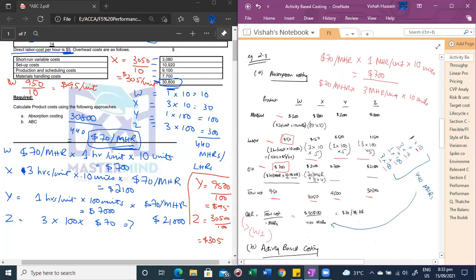And this is working number 2 because this basically shows the working of 440 machine hours. Should I move towards ABC now? Yes, ma'am. Okay.